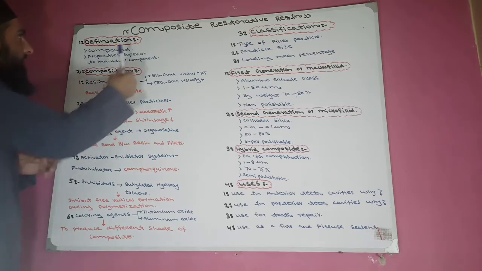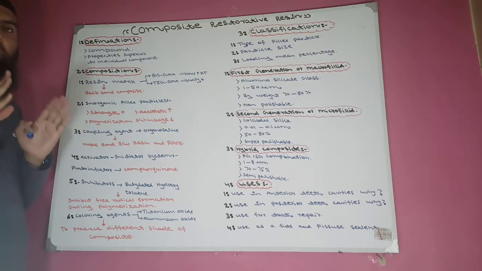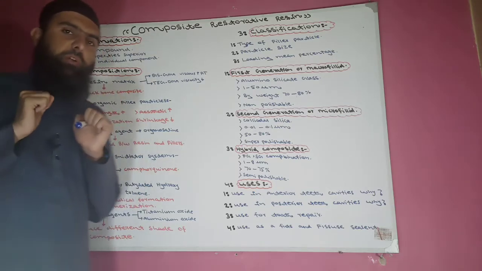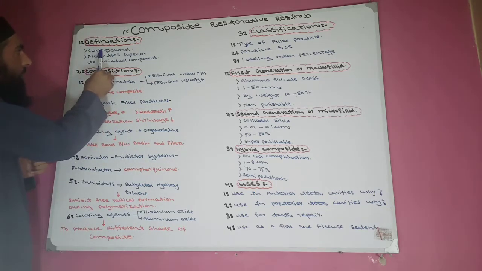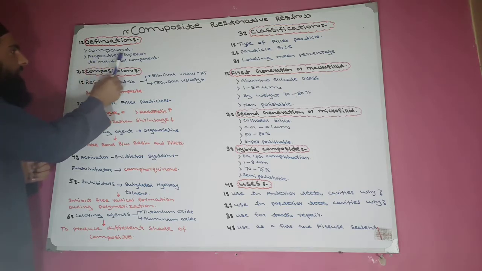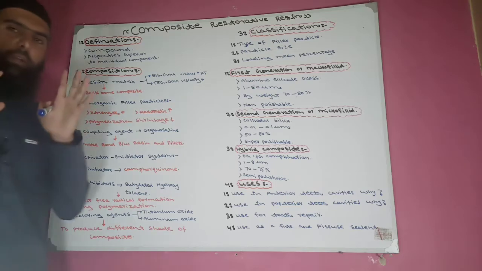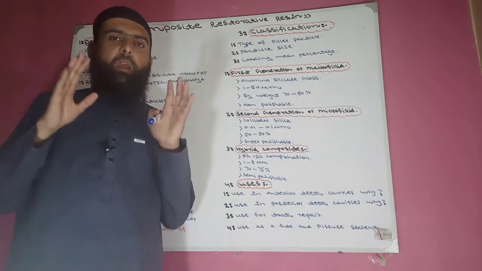Now, how do we define composite restorative material? A composite restorative material is a compound formed from two or more different materials. Second, its properties are superior to the individual components. Now, how do we define the composite resin?